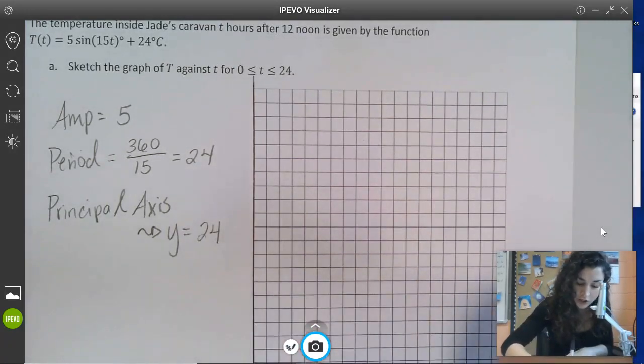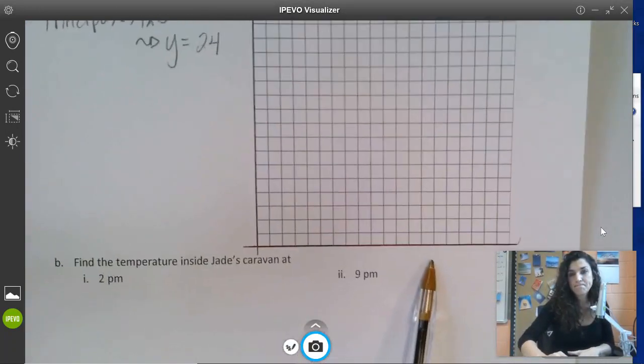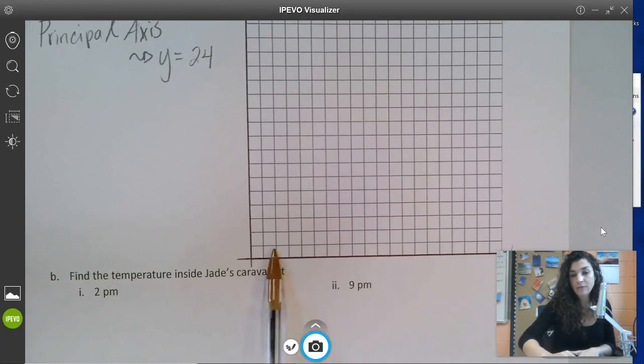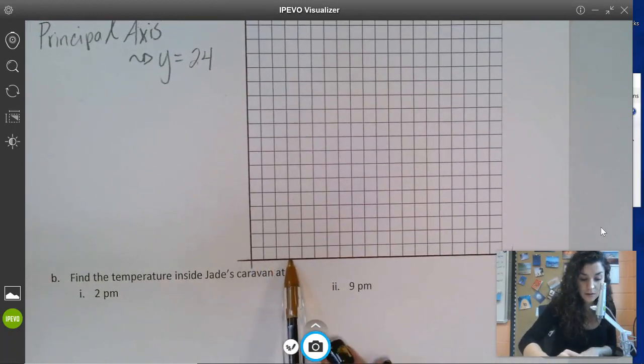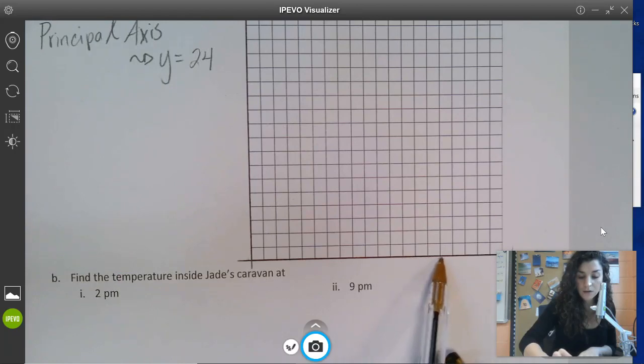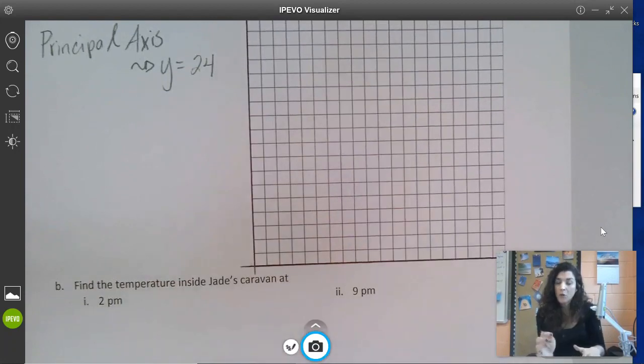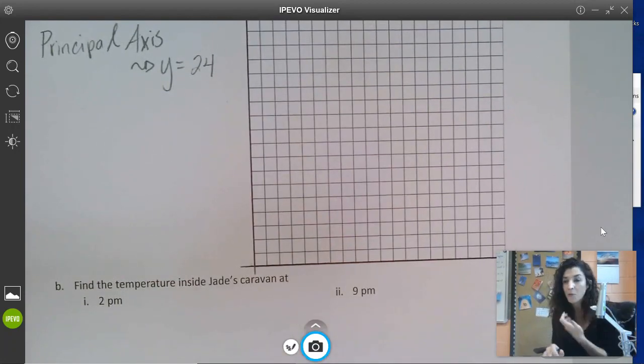And then when I strategize how many I'm going to go by, I count how many tick marks I have available to me down here, and I only have 20 available. I need to be able to go all the way to 24, which means I can't go by ones, darn it. So I have to go by twos.